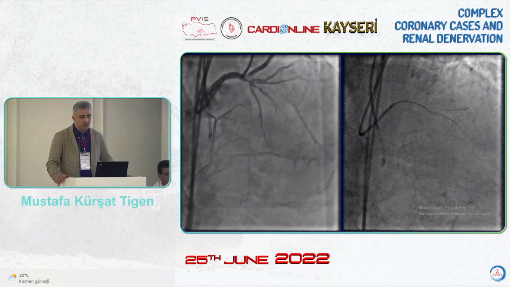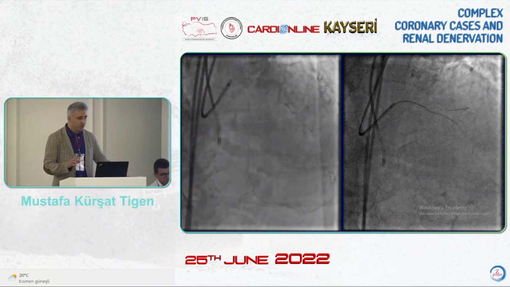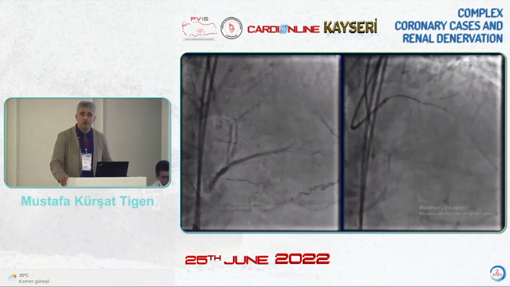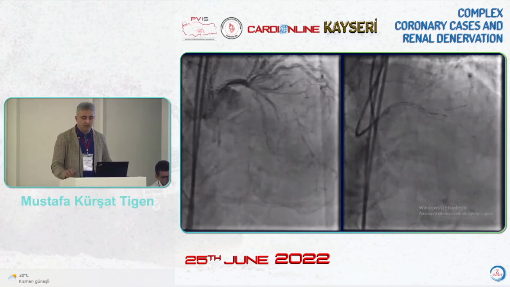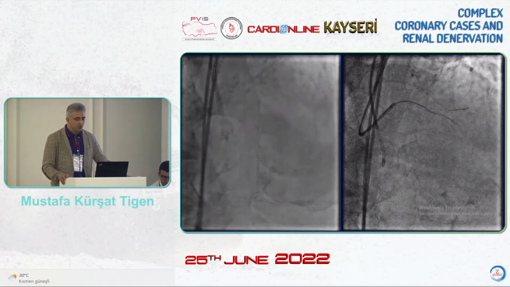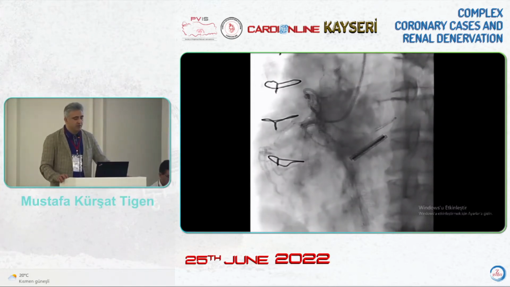Another case, LAD CTO case. There's a bifurcation, or there are vessels from septal and diagonals from the same part, and penetration is difficult. If we use a dual lumen catheter, it is preferred with the Gaia wire.